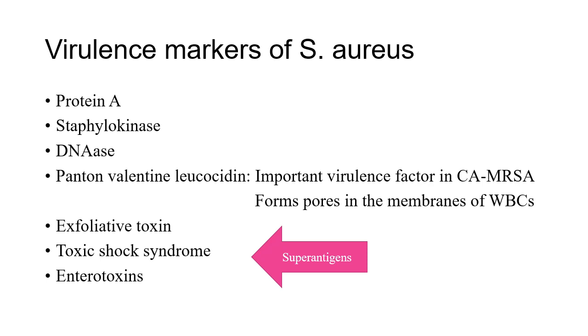If you remember, I discussed toxins in the previous slide. So the toxins produced are exfoliative toxin, toxic shock syndrome toxin, enterotoxins, and the important word for you to remember is a superantigen. What is a superantigen? Have you been told this before? I'm sure you've been introduced to it. However, I will just tell you quickly. It's a pity that I cannot see you, I cannot ask you, because I'm sure some of you definitely know the answer.